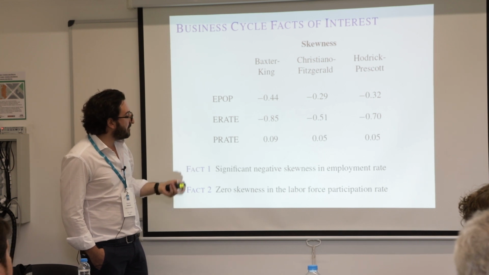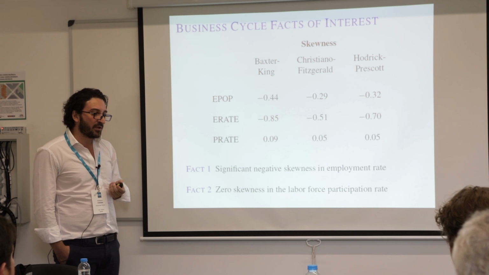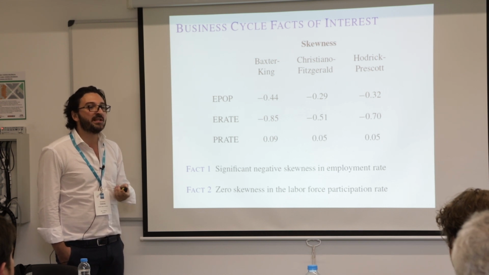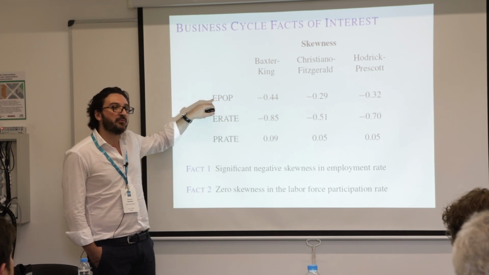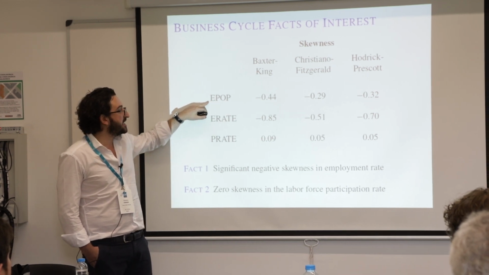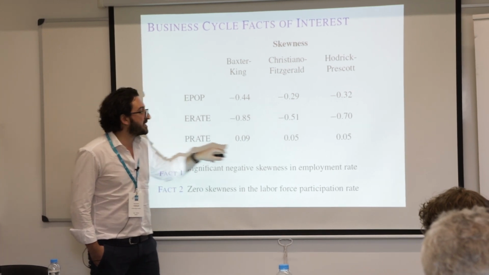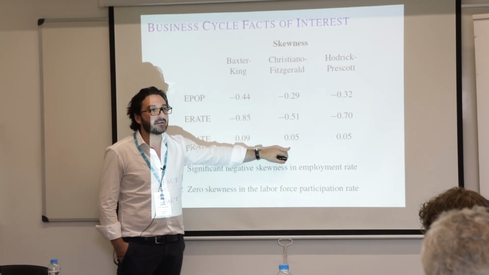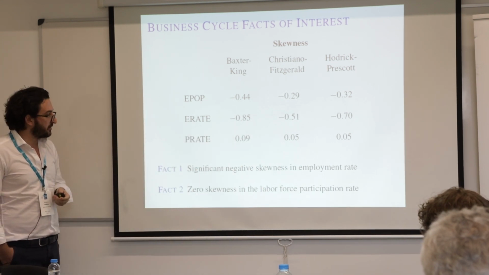What you can see is that the asymmetry between peak and trough in the employment to population ratio generates negative skewness in the EPOP. Consistently with the graph, there is negative skewness in the employment rate, but basically no skewness in the participation rate. So this is the key statistic that we bring to the table.